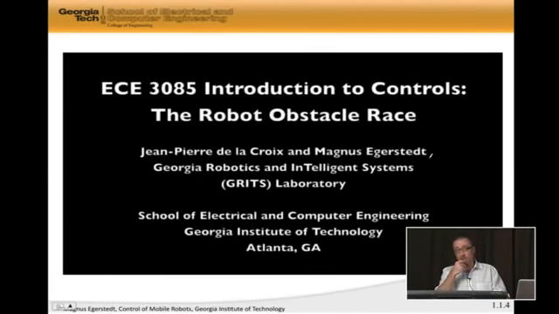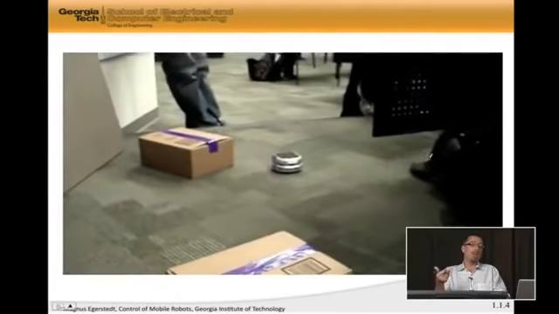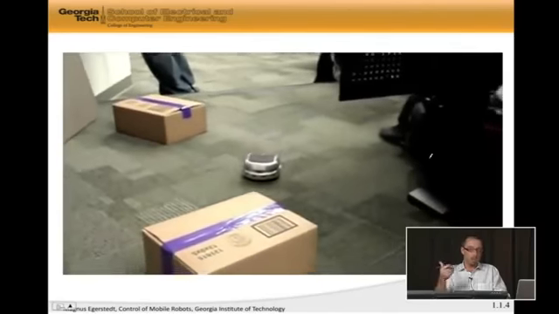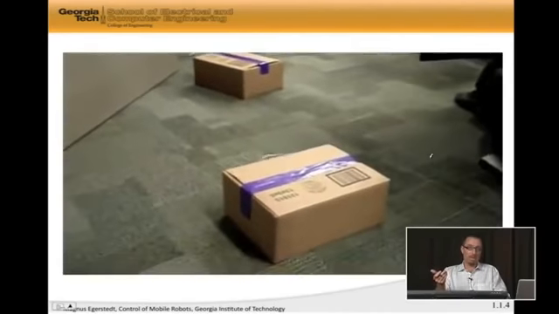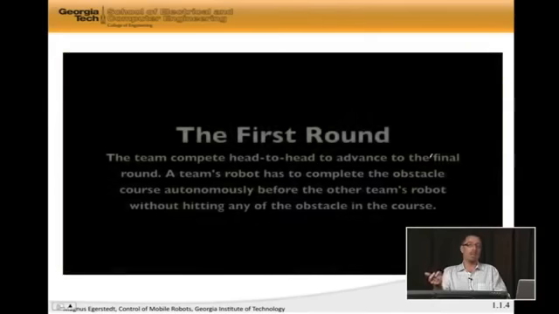And I want to end with showing a rather, I think, amusing video. This is a course that I taught on campus at Georgia Tech, where part of the course was to design very rudimentary controllers for making these robots go to goals without actually running into obstacles.